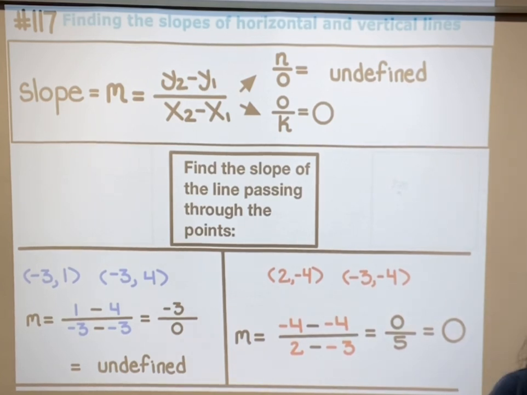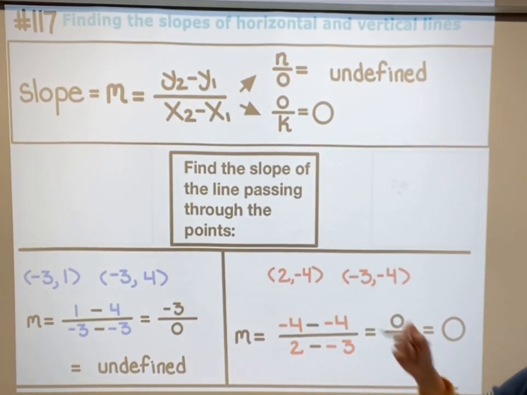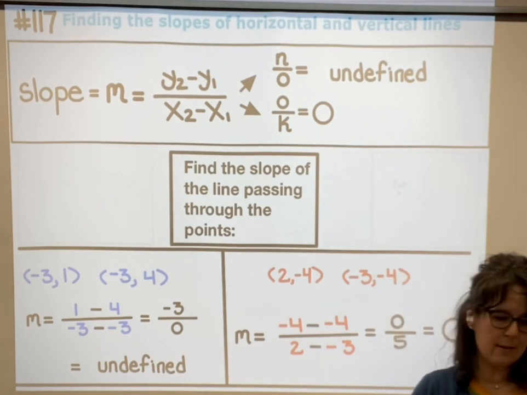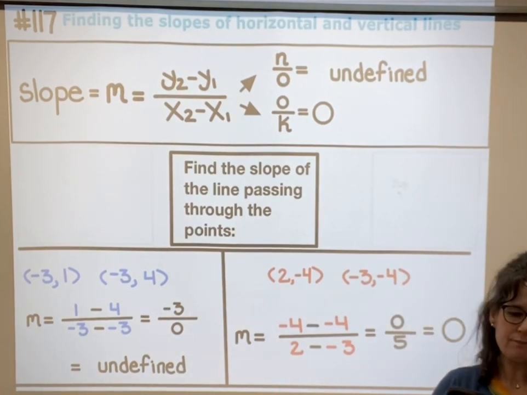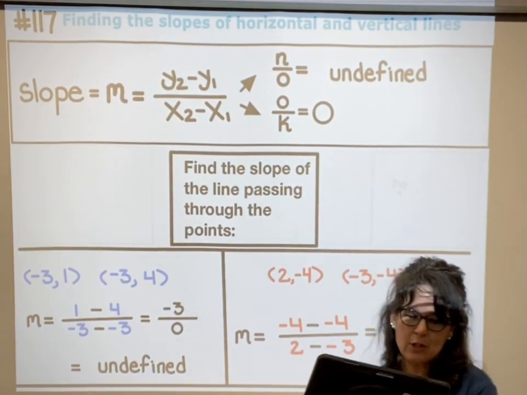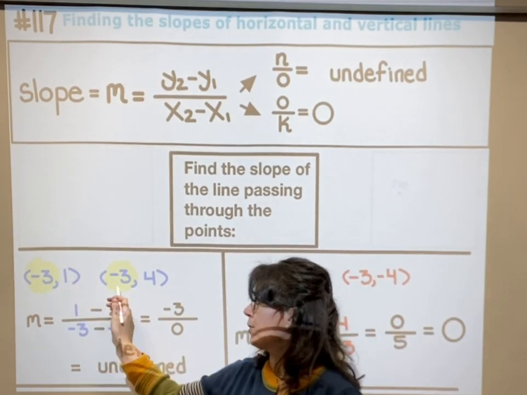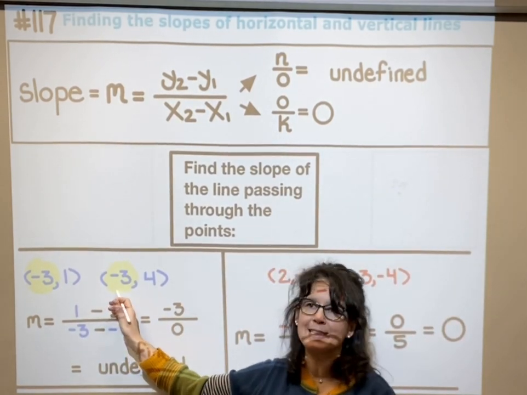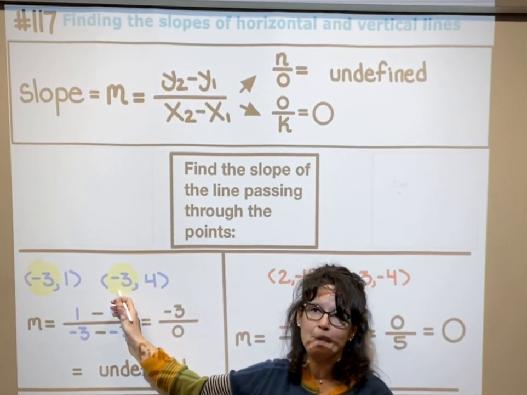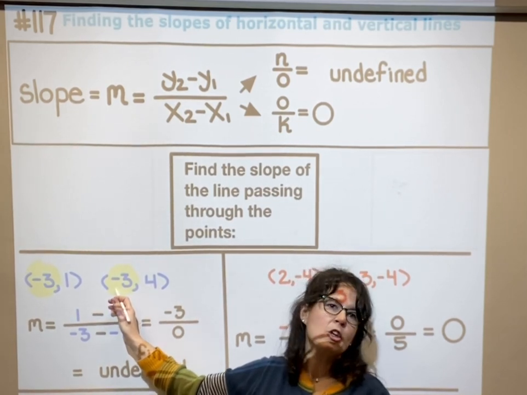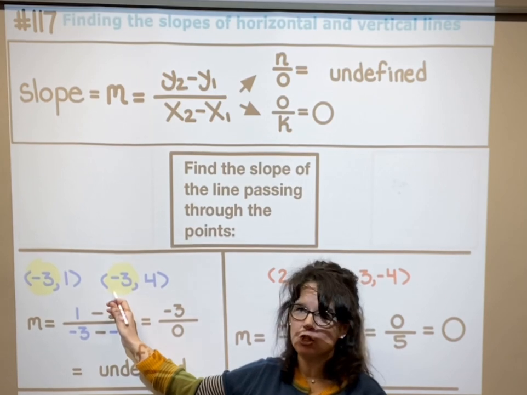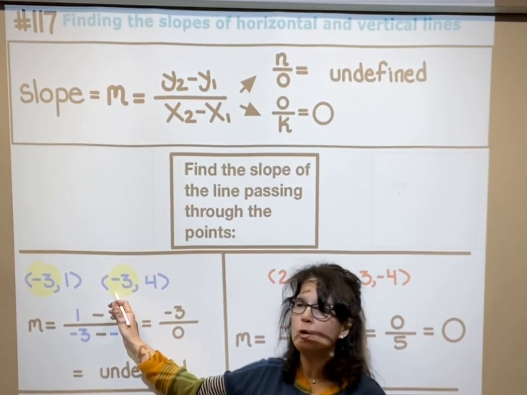A shortcut that you can use if you want to avoid this formula, in this particular case, if you happen to notice that both of the x coordinates are the same, then you could make a quick sketch and know the slope.